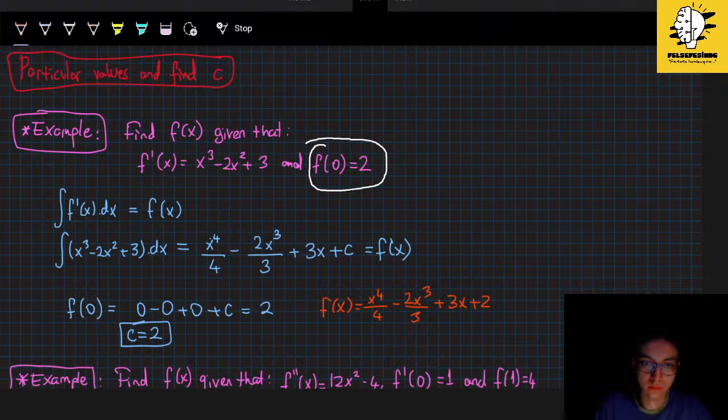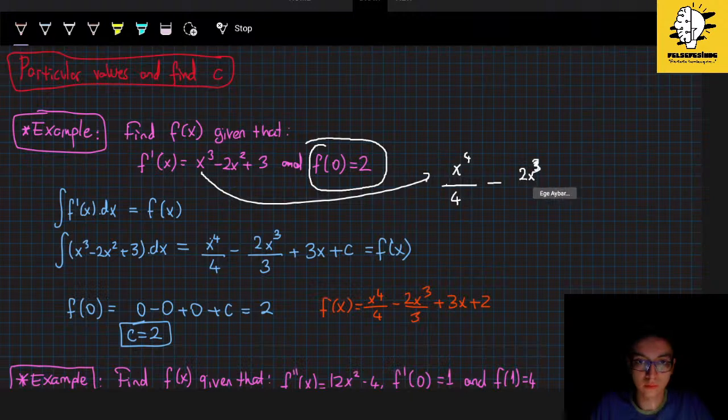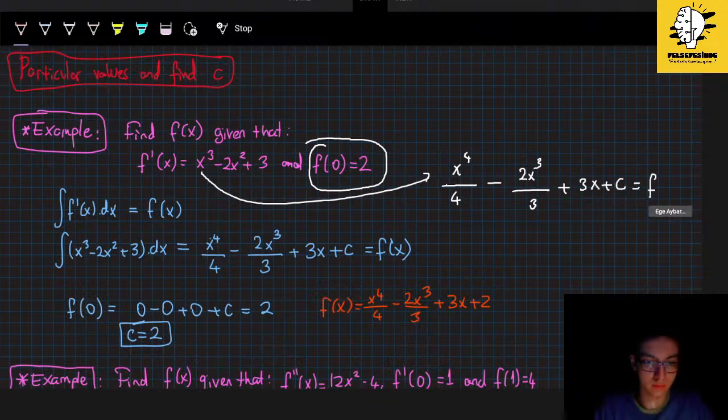When we take it, for example, x to the power 3 plus 1 is 4, over 4, minus 2x to the power 2 plus 1, which is 3, over 3, plus 2x plus 6. And this is our f(x), right? But it already gave us some information.